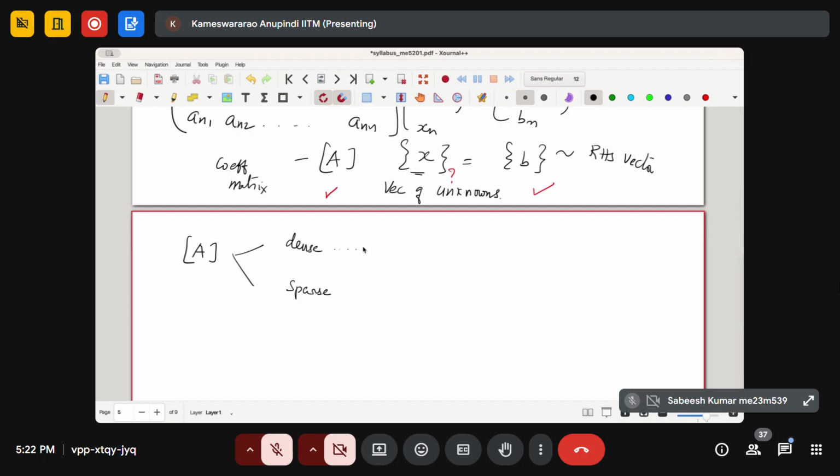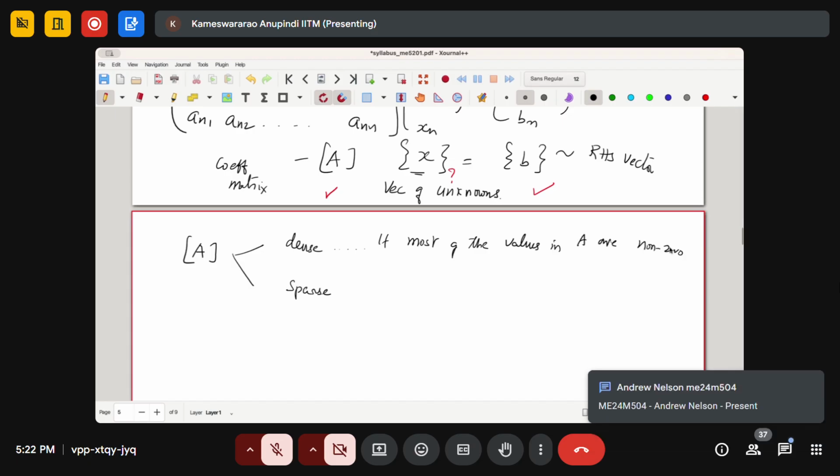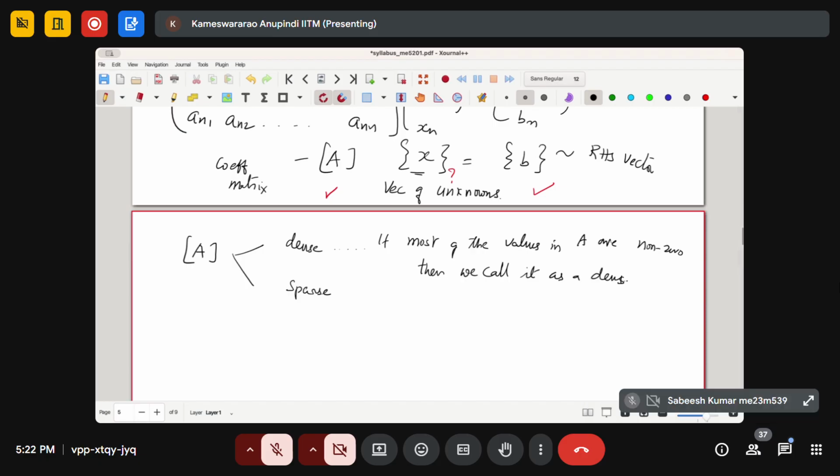What do we call a dense matrix? If most of the values in the coefficient matrix A are non-zero, then we call it a dense matrix.